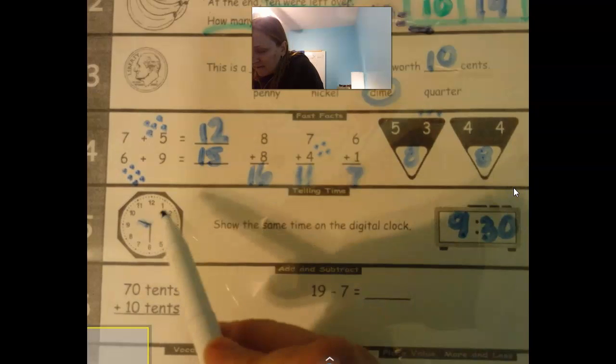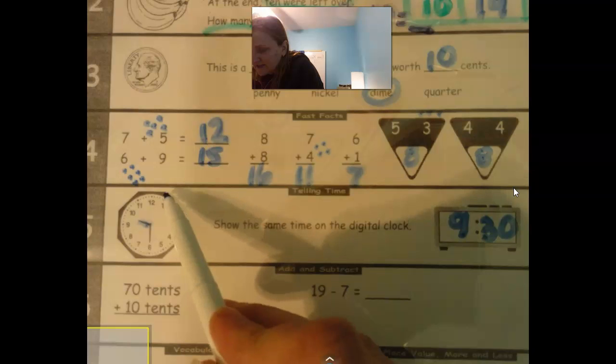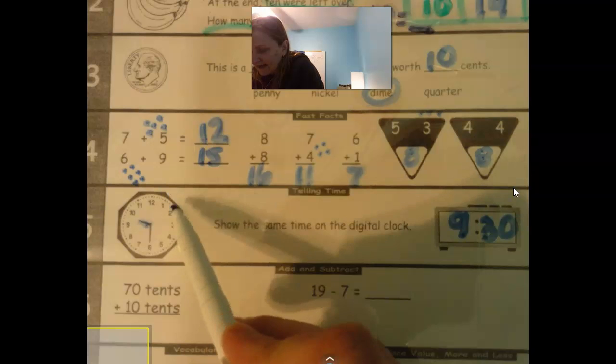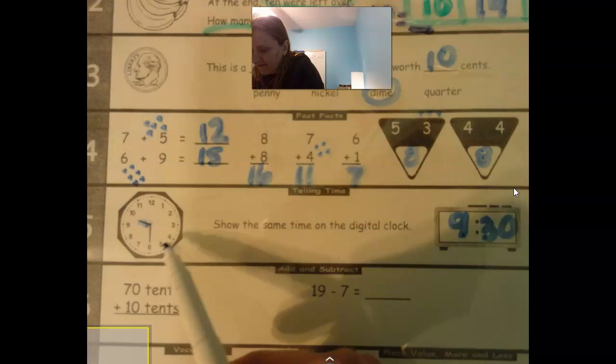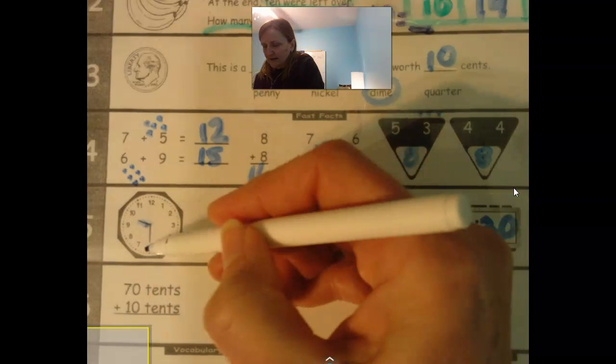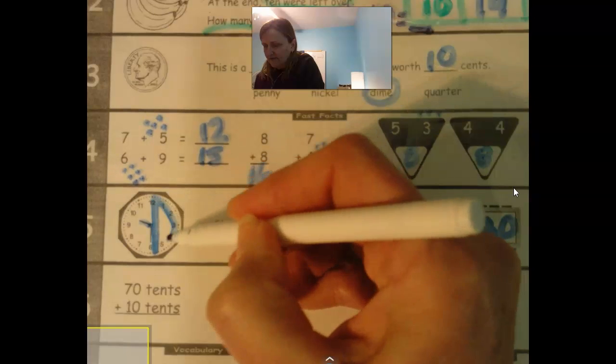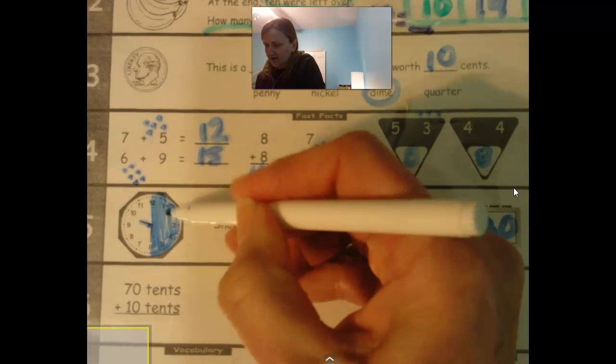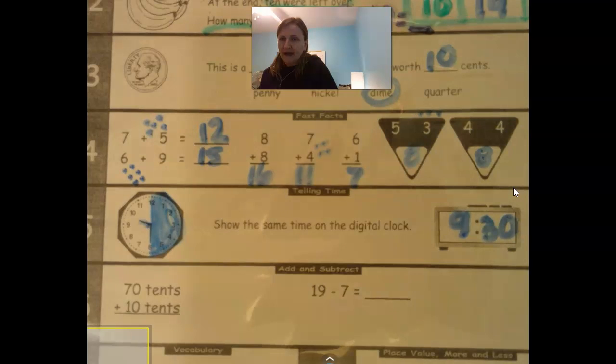And each time, if you want to count by 5s, you can point to each number and say 5, 10, 15, 20, 25, 30. And we also remember, like in school, how I colored half of my one clock orange. Half. You could say it's half past 9.